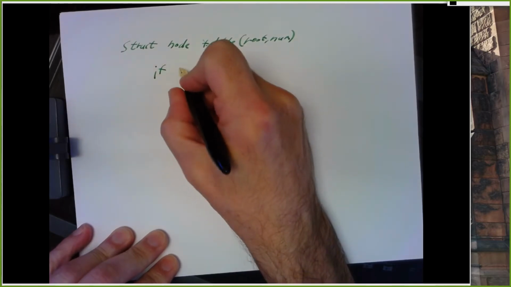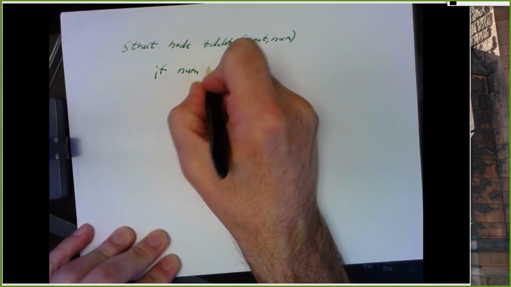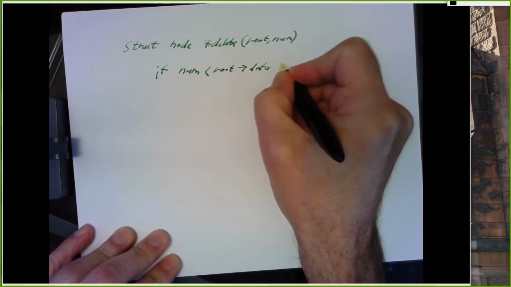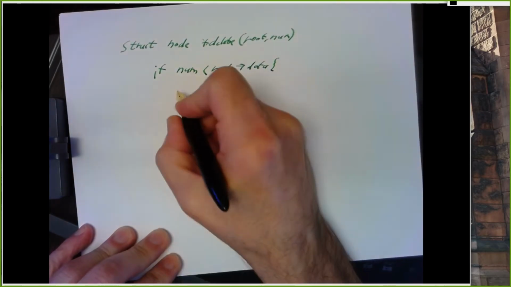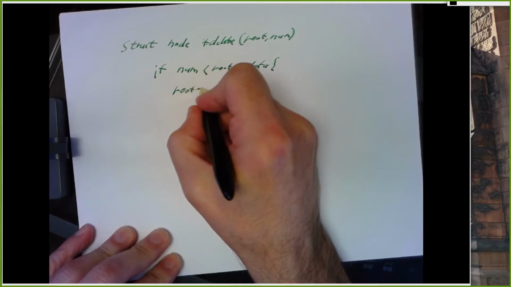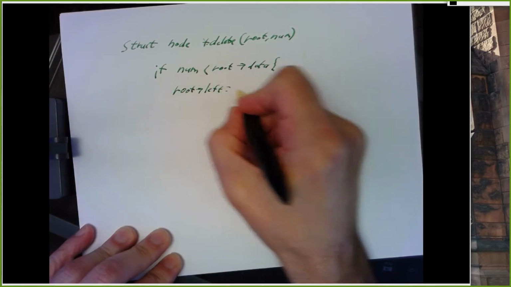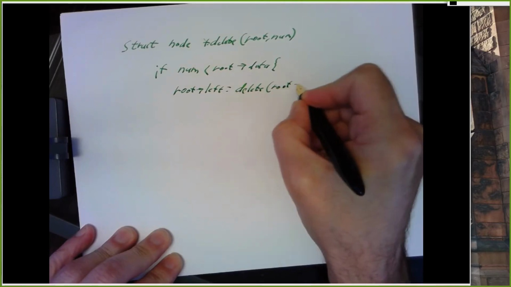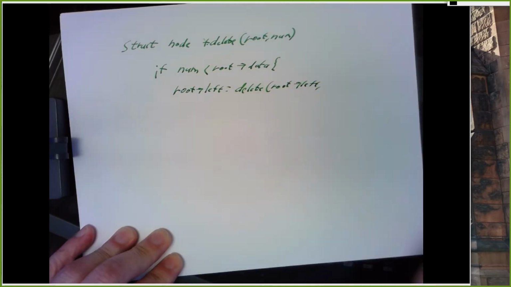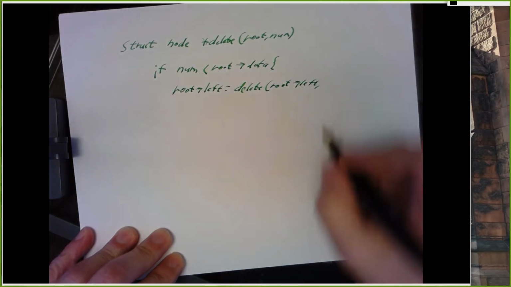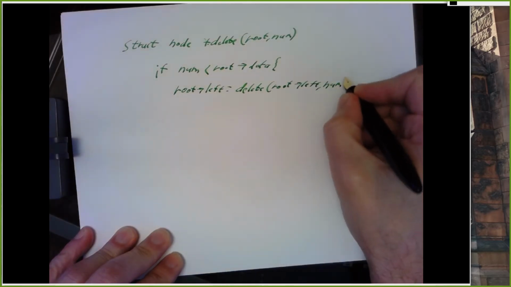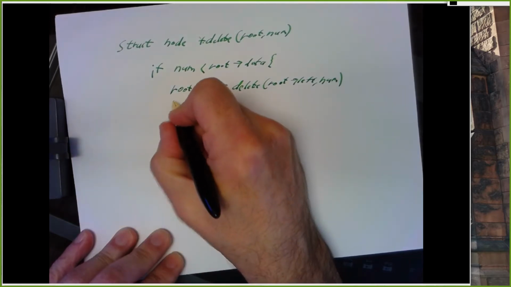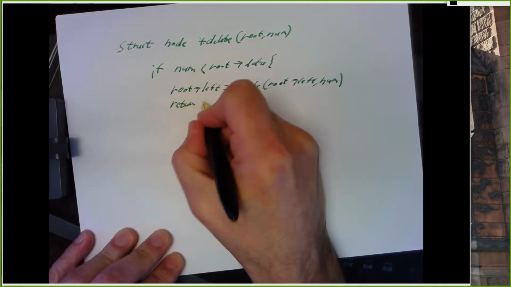So if our number is less than our root, then we're going to say root.left equals delete. So delete from the left subtree our number, take the tree that results, have root point to that on the left, and then we're just going to return root.